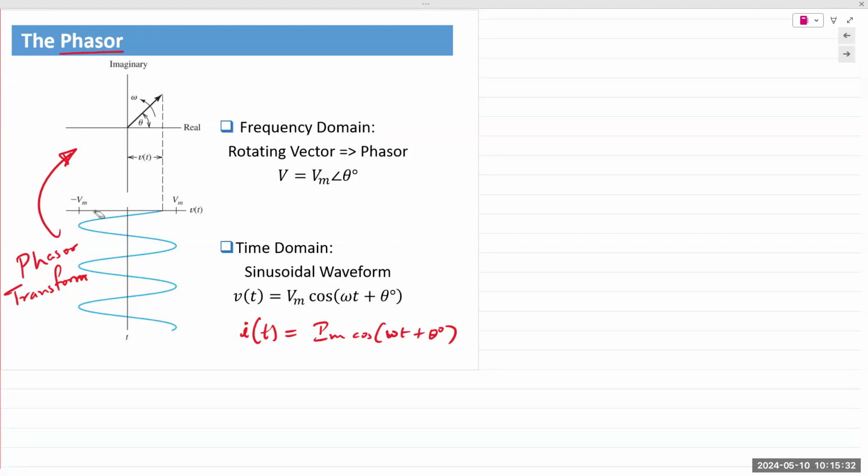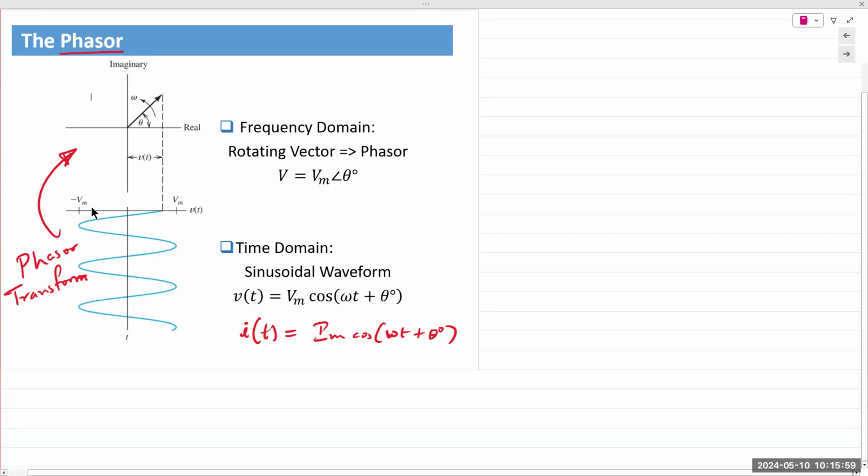Okay. So we have our time domain expression, Vm cos of omega t plus theta. A vector only needs two things to describe itself, right? Magnitude and direction. So we need the length of the vector and the angle it makes with the real axis. We are now in the frequency domain. In the complex plane, we have a real axis, we have the imaginary axis.